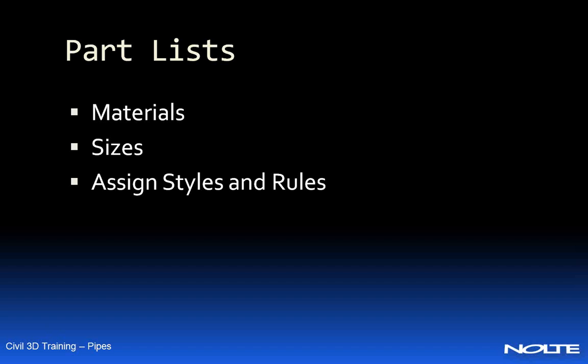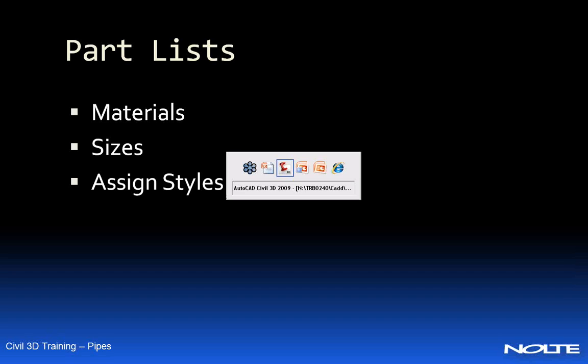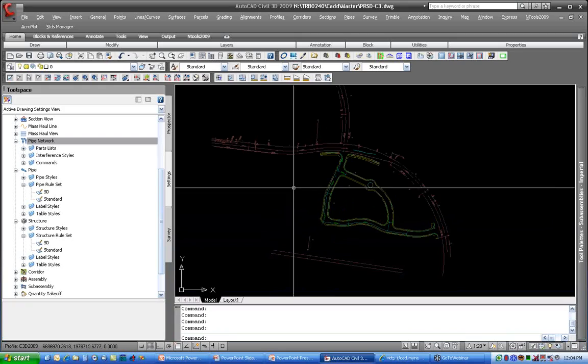So I can filter that down. The other thing we can do in our part list is assign what styles and rules are applied to each part. That's why I did styles and rules first. All right, so let's jump back into Civil 3D.